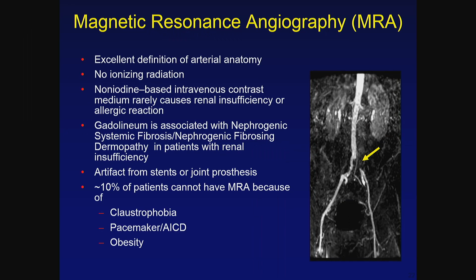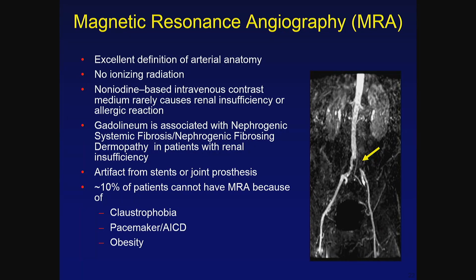Magnetic resonance angiography allows us to obtain an excellent definition of the arterial anatomy. It does not use radiation, and the contrast is less nephrotoxic than the iodinated contrast. There is, of course, the concern about nephrogenic systemic fibrosis, and patients with low glomerular filtration rate may not be good candidates for this imaging modality.